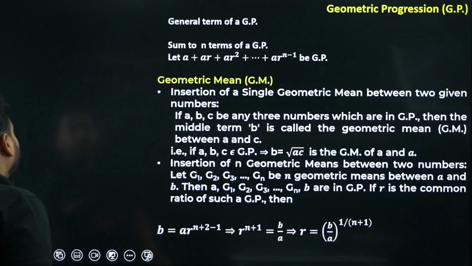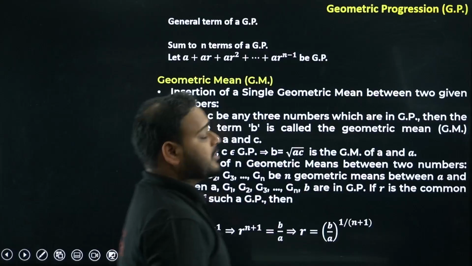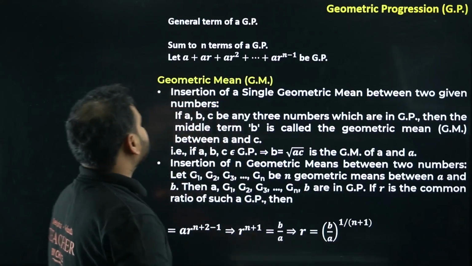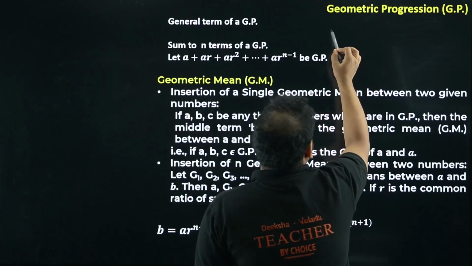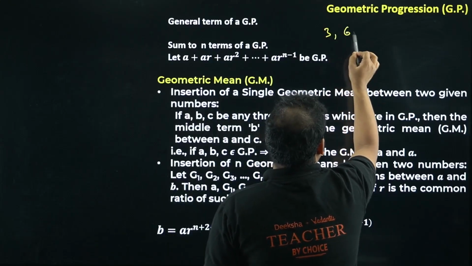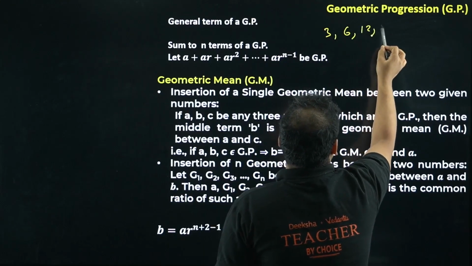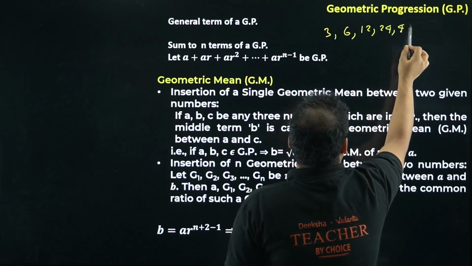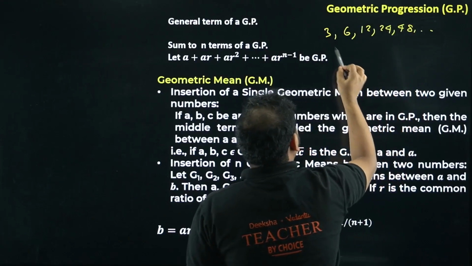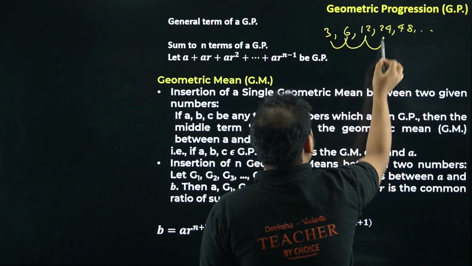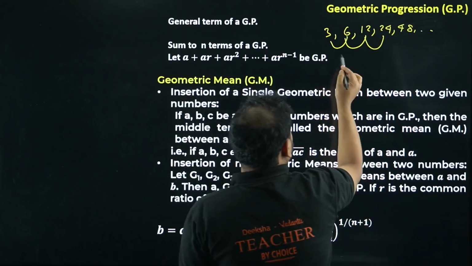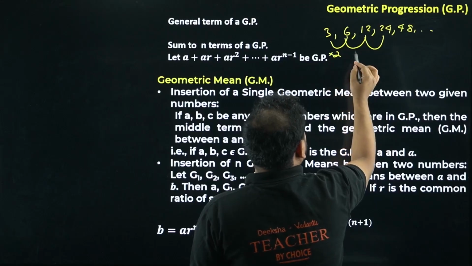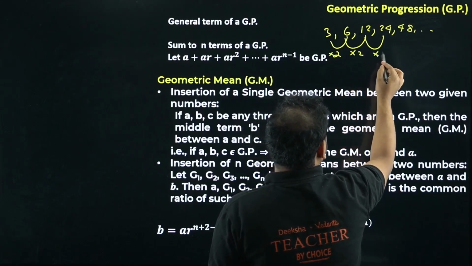Moving on. Now talking about geometric progression, we have a sequence like this. I wrote an example over here: 3, 6, 12, 24, 48, and so on. Whenever you have a constant product like this, or constant ratio, 3 into 2 is 6, again into 2 is 12, again into 2 is 24, and so on.